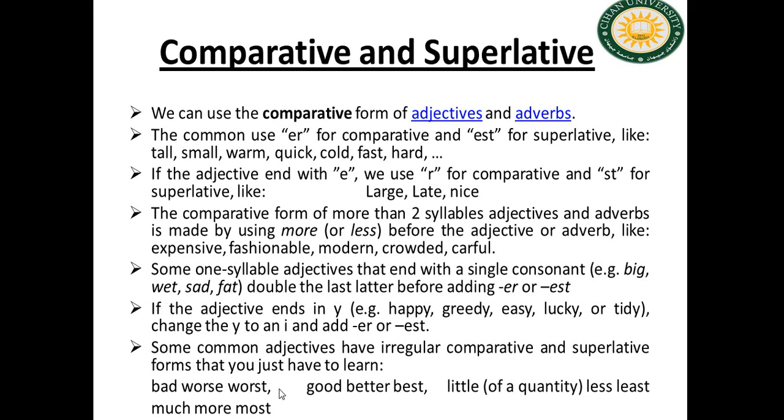So these are irregular adjectives which you must memorize. These are the most common ones, I think there are three or four more I didn't mention, and I don't want any of you to make mistakes with these adjectives.